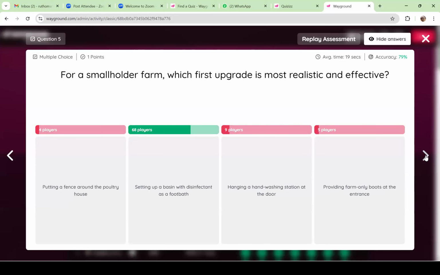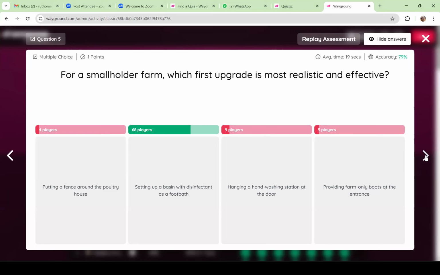The next question was, which first upgrade is most realistic and effective? A farmer could put up a fence. That is possible, but is it realistic and effective? You put a fence, but you've not controlled the free roaming birds. They can put in a hand washing station at the door, but is it very realistic?